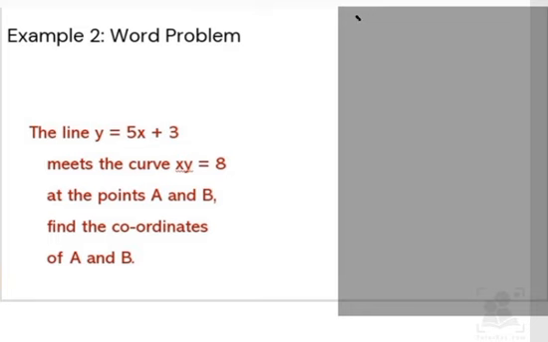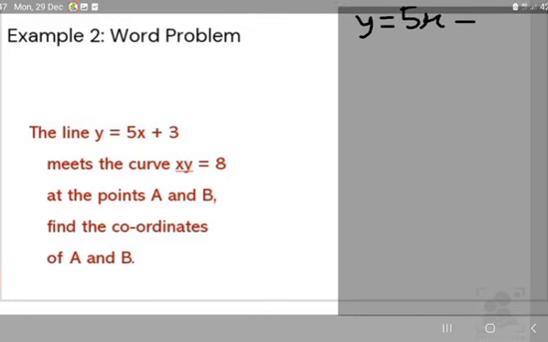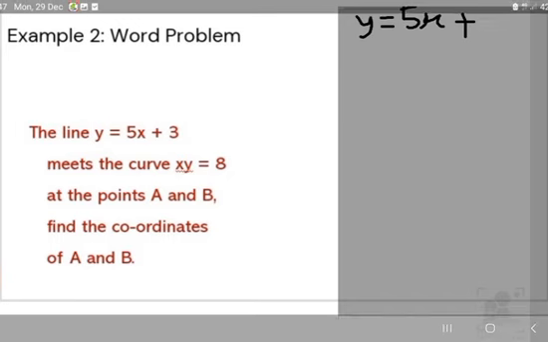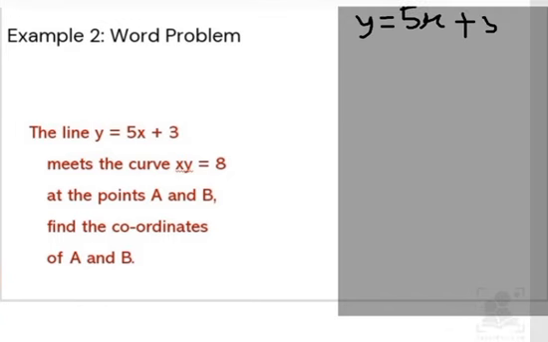We already have y as the subject of equation 1, which is y equals 5x plus 3. Now I'm going to substitute in this second equation. Wherever I see y, I change it to 5x plus 3, all equals to 8.